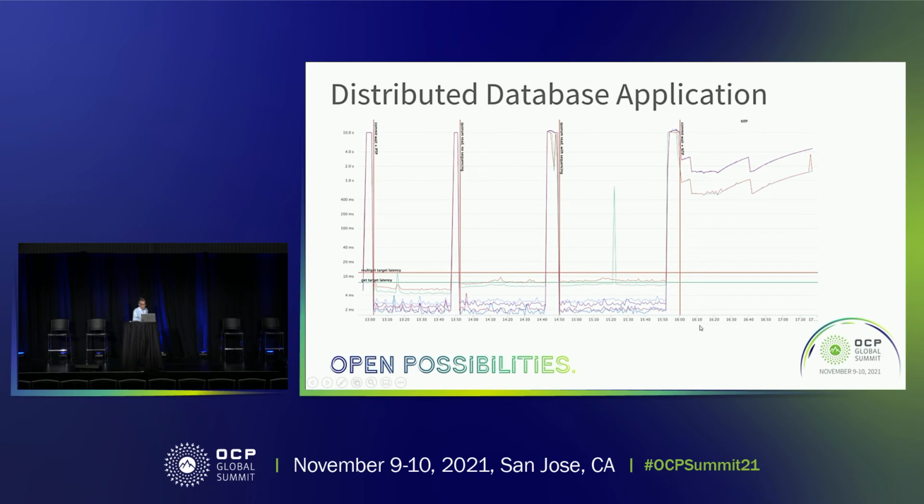Between the first and second spike, we've been running the database transactions using PTP synchronization and the commit wait protocol. So we confidently were running for hours without any spikes, and the behavior of the system was well under the maximum latency we put for the transactions.